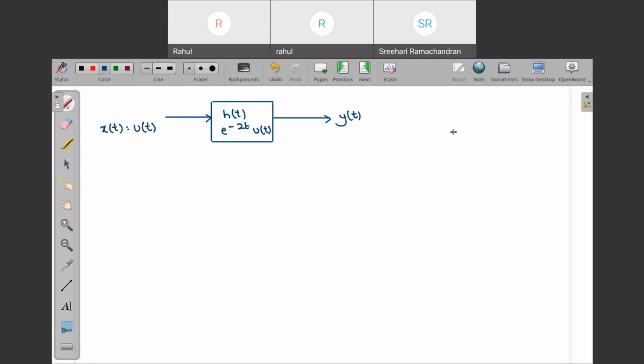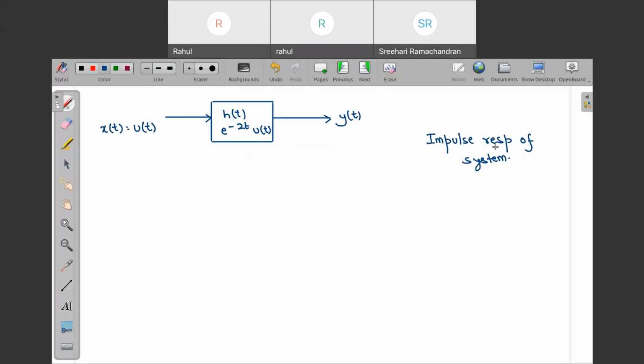Find the impulse response of the system.